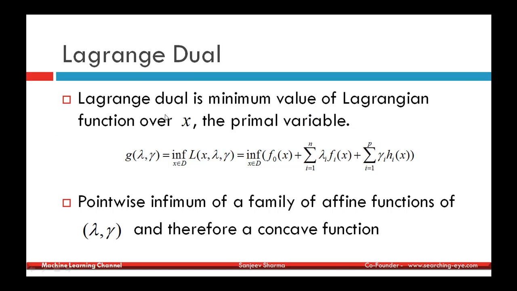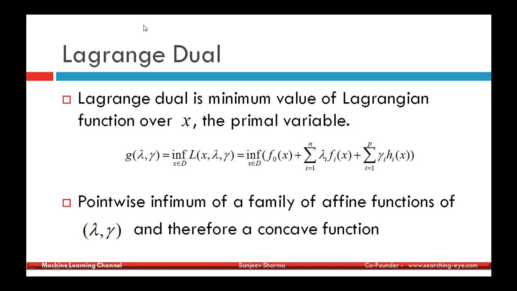So the Lagrange dual is the minimum value of the Lagrangian function over the variable x, which is the primal variable, and it's given as g of lambda comma gamma, the infimum over all x belonging to the domain of the function L of x comma lambda comma gamma, which is equal to the infimum over all x of f naught of x plus the sum over i from 1 to m of lambda i times fi of x plus the summation over i from 1 to p of gamma i times hi of x.